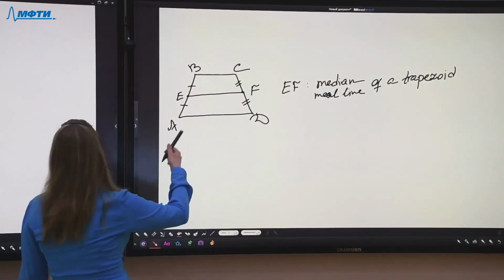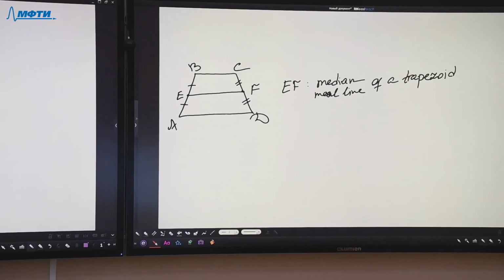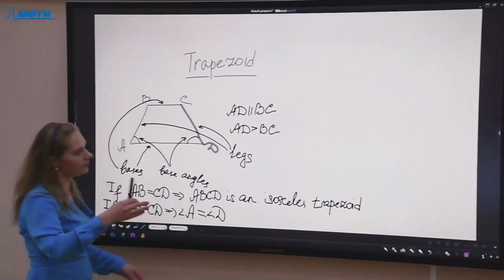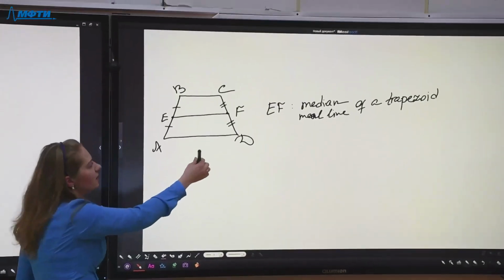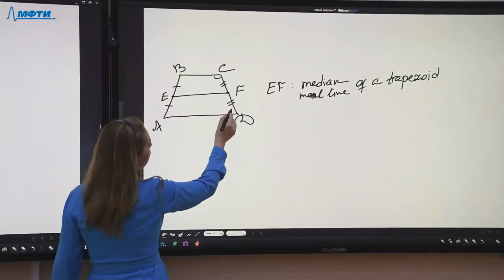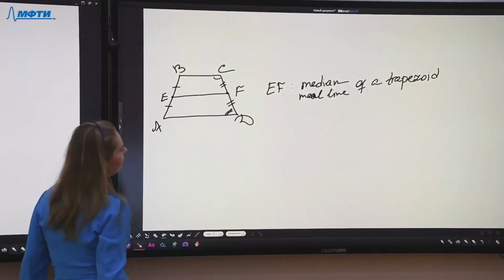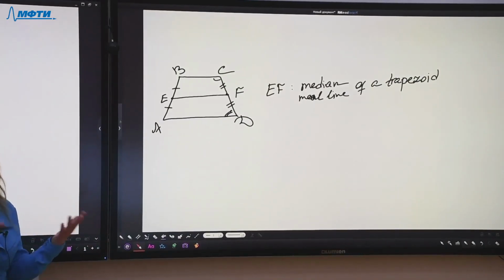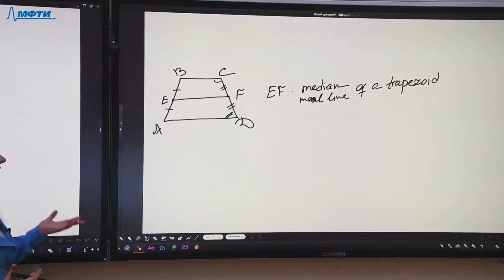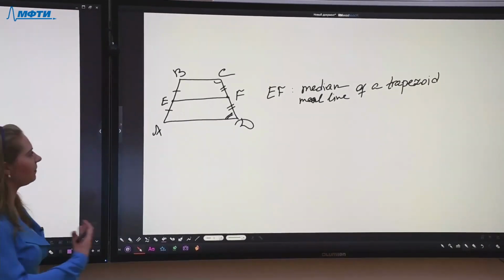Well, we know that if we are talking about a trapezoid here, BC is parallel to AD. So if we take a sum of these two consecutive angles, their sum will be 180 degrees. So we can say that these two angles are supplementary.